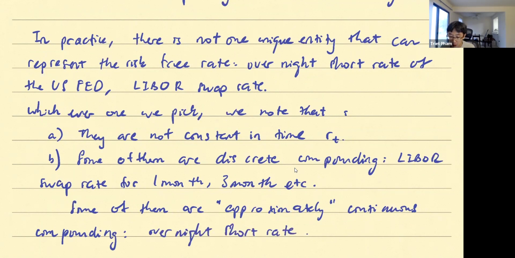Approximately, because this rate is applied only for lending and borrowing for 1 day, 1 night. One night is a quite short duration, so we could consider it approximately continuous, but truly continuous compounding is hard to find to begin with. But the point is that they are not constant in time.